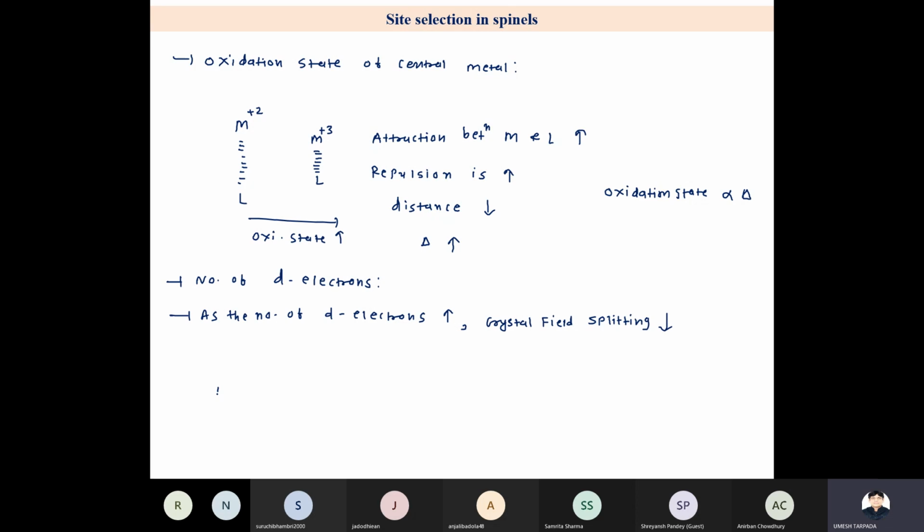Because see, metal oxidation state you can keep constant, M+2. And if you just change the electrons, what happens? See, ligands with less electron, so repulsion is less. We are talking about in nd cells, in the same cell. Number of d electrons increases. So as a result, distance also increases, repulsion decreases.